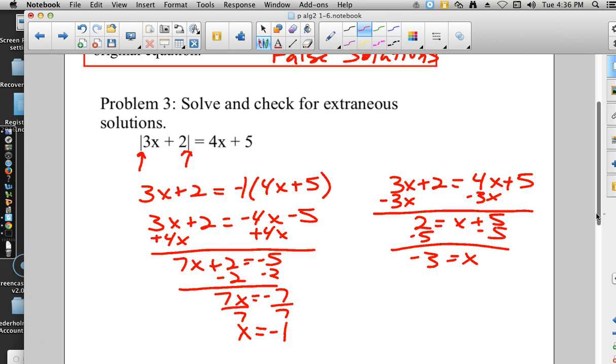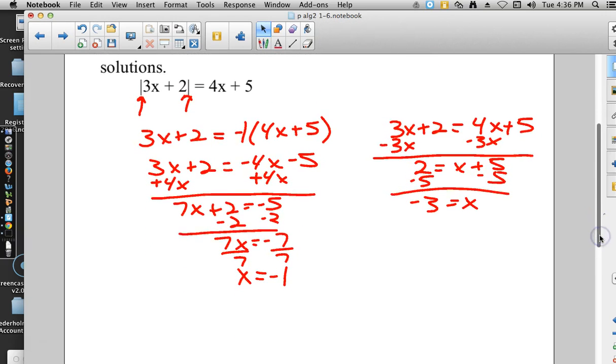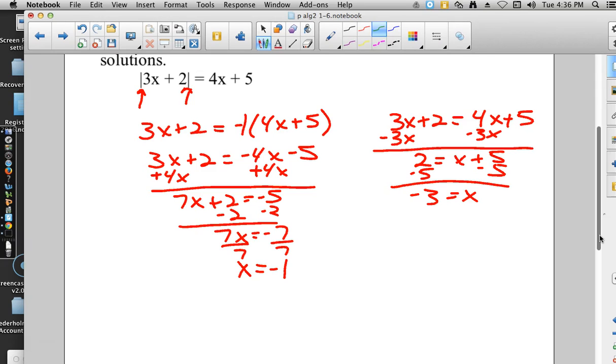Now, what we need to do is plug them back in and see if they work. Absolute value of 3 times negative 1 plus 2, is that going to equal 4 times negative 1 plus 5? Well, let's see. 3 times negative 1, that's negative 3.